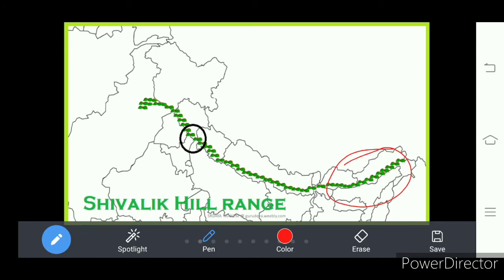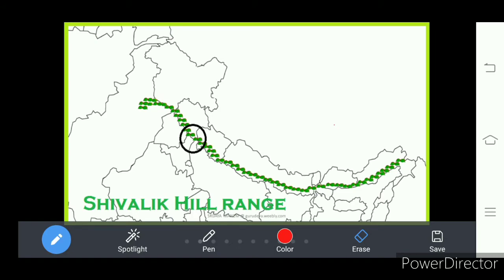Back of the Dihang Valley. Here Dihang Valley is also there. So there we see Brahmaputra Valley. In India, we call it Brahmaputra.